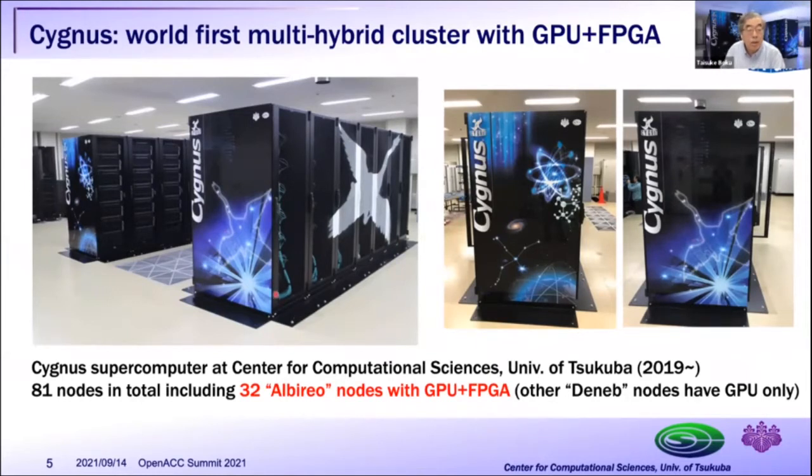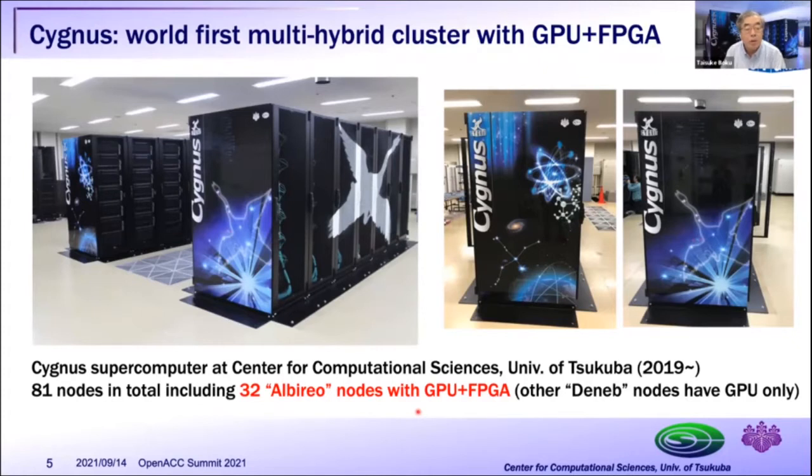There are in total almost 80 nodes, and about 40% of them, that means 32 nodes, are specially named Albireo. I don't have time to explain why it's called Albireo, but it is the actual GPU plus FPGA system. All other nodes are equipped with only GPU.